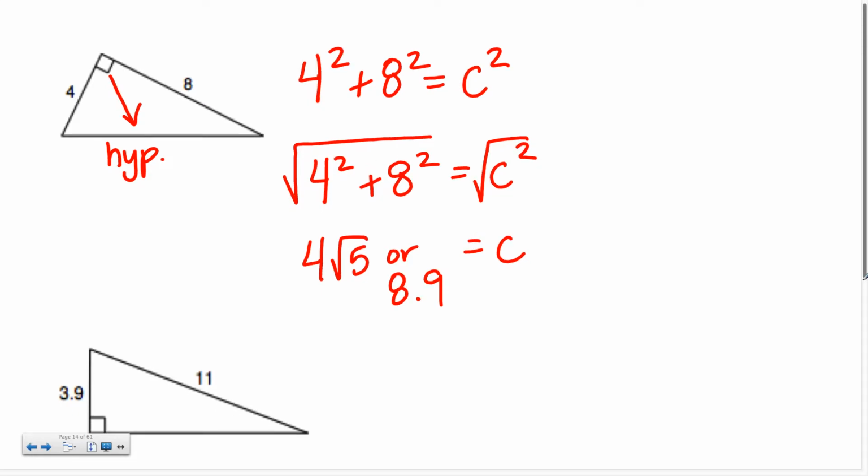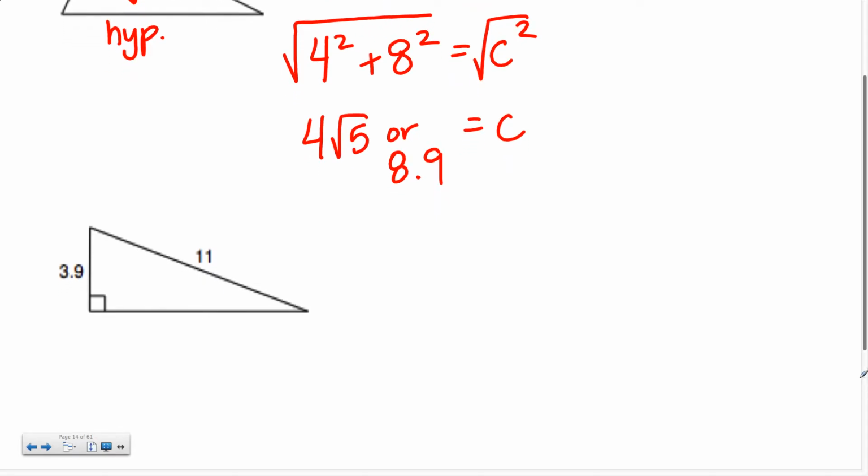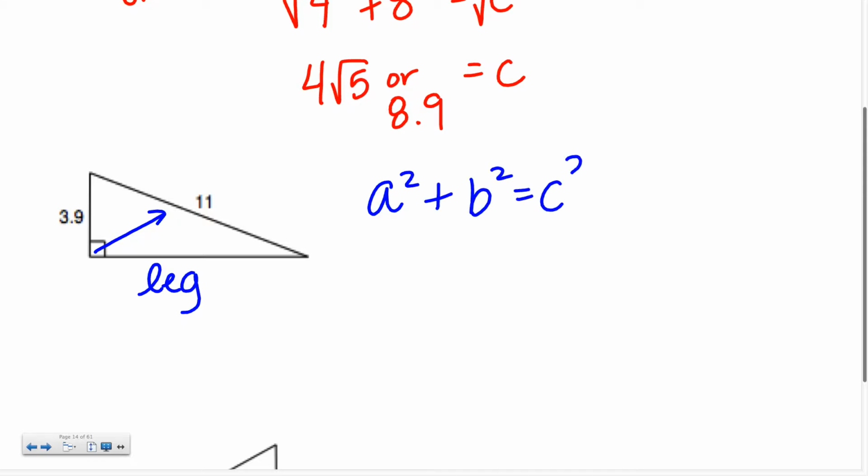Alright, the next problem, you've already got your hypotenuse. So you're looking for a leg. So, same formula. But this time, I know A and I know C. So this just comes down to solve an equation.